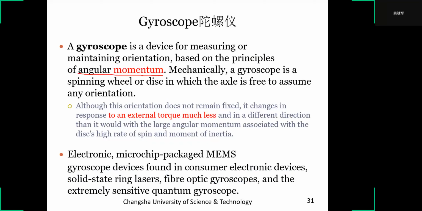Mechanically, a gyroscope is a spinning wheel or disc in which the axis is free to assume any orientation.